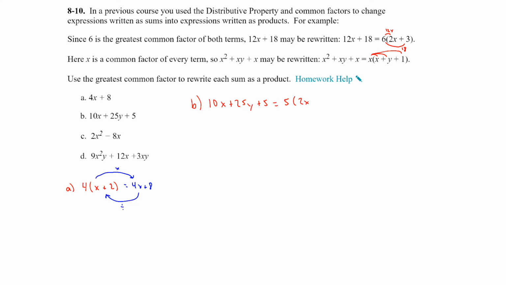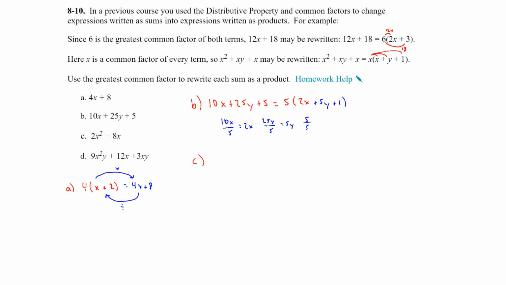I'm taking this 10x and dividing it by the greatest factor, and that's 2x. 25y divided by 5 is 5y. And then the last one is 5 divided by 5 is 1. So you're working backwards, so you're using division.